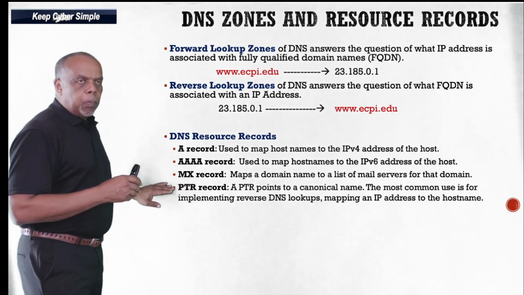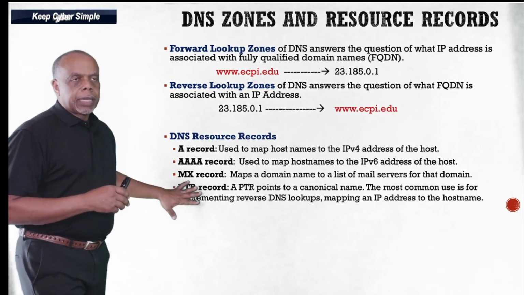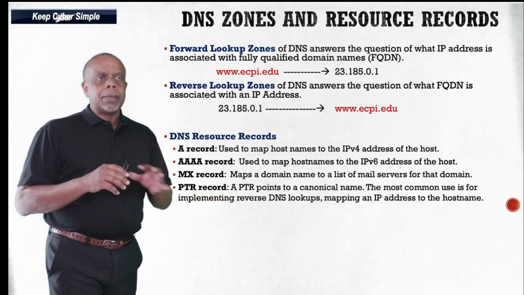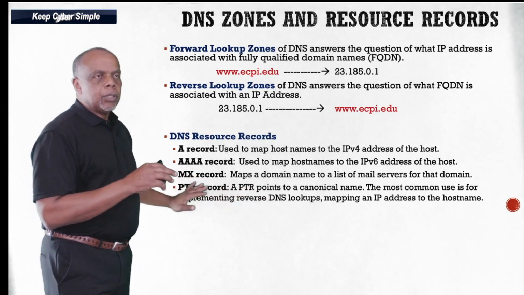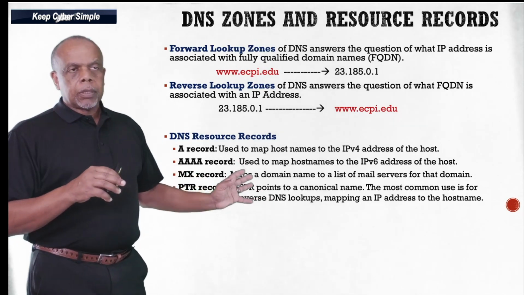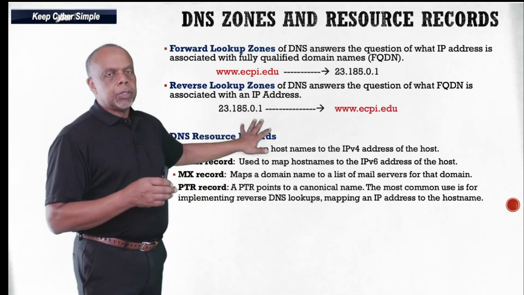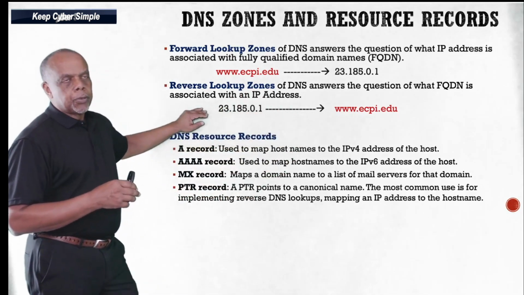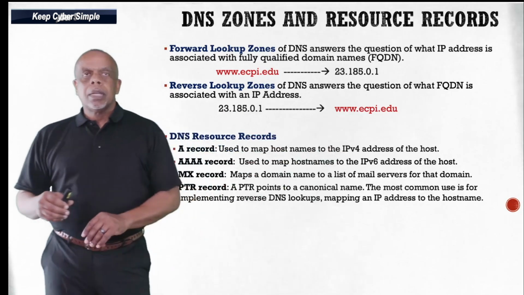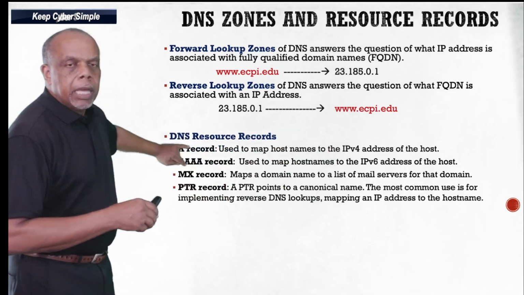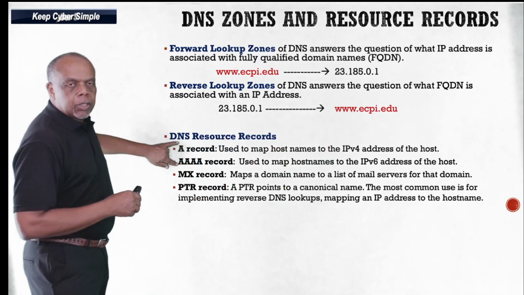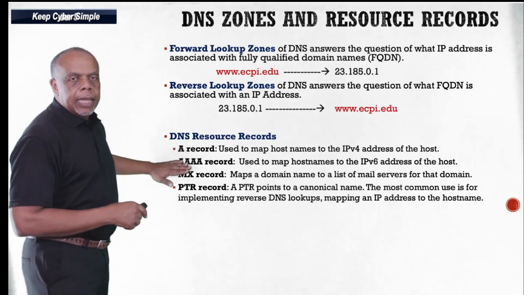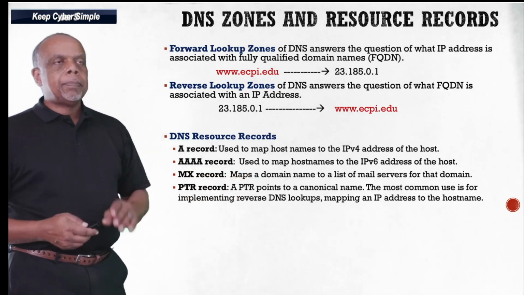And then there's a pointer record, which points to a canonical name. That's most commonly used for reverse lookups, meaning it looks for a name, then an IP address, and then looks up the canonical name for that IP address. But really, for the purpose of this class, these are the two records to be aware of: the A record for IPv4 and the AAAA record for IPv6.